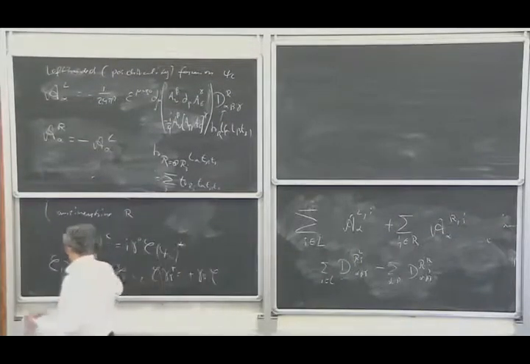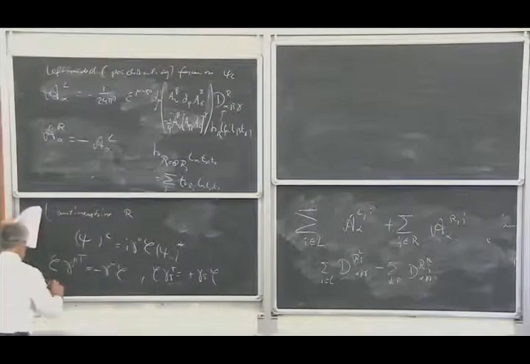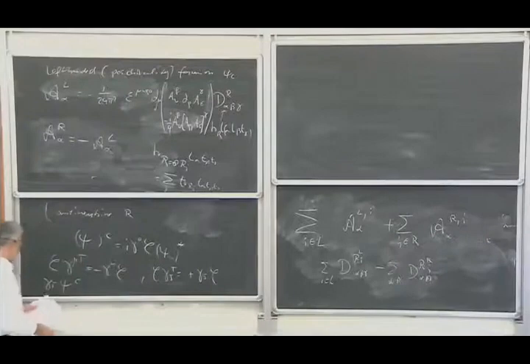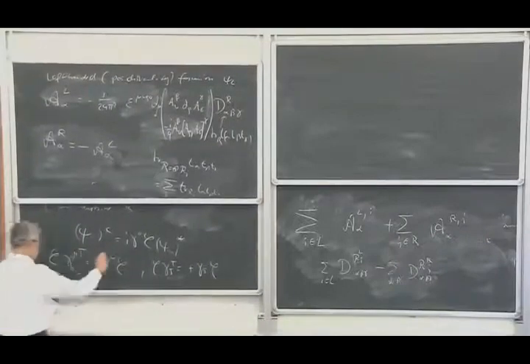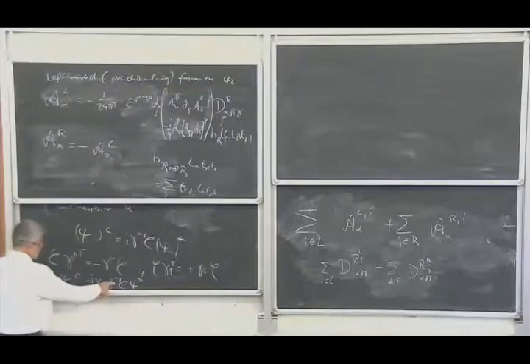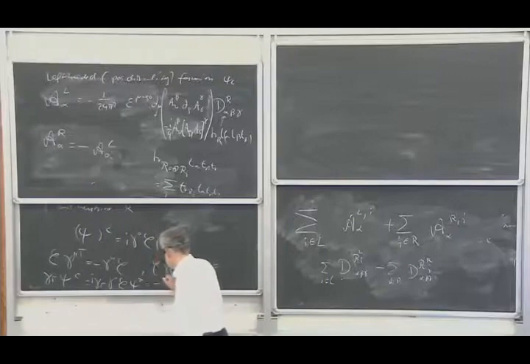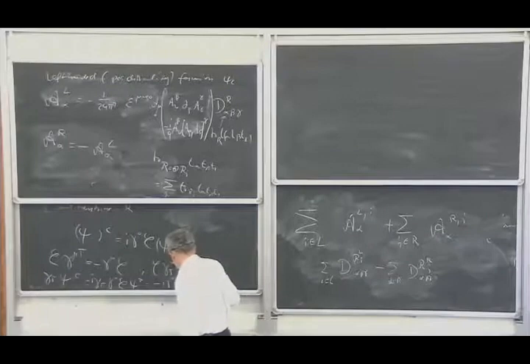Now, if this is left-handed, let's see what is gamma 5 acting on my charge conjugate spinor. So it's gamma 5, i, gamma 0, C, psi star. The gamma 5 goes through the gamma 0, gives me a minus sign. So this is minus i, gamma 0, gamma 5, C, psi star.